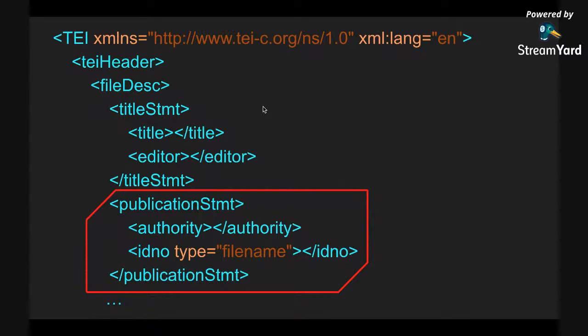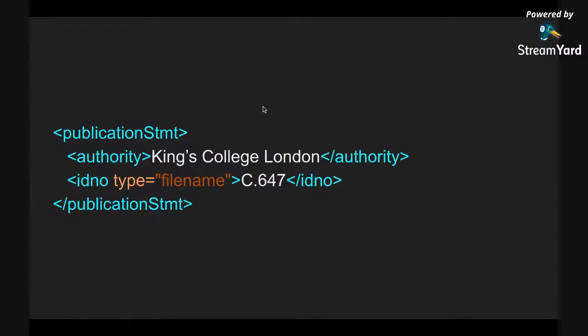The second part of what we'll talk about is then the publication statement, which appears just below the title statement. In the case of this corpus, and the same inscription that we used for the previous example, the corpus as a whole is released under the authority of King's College London, because that's not exactly the publisher, but nevertheless it's the institution that released the content.